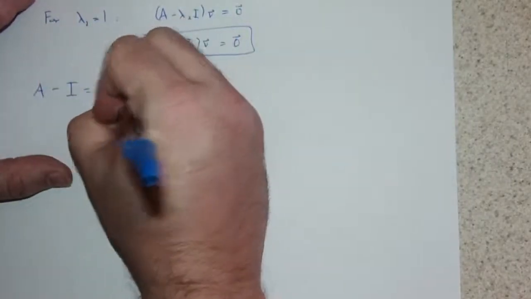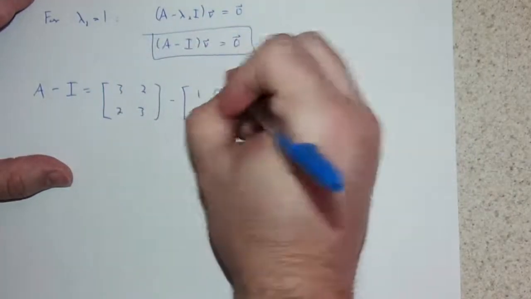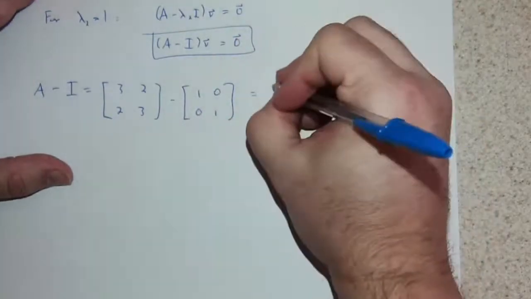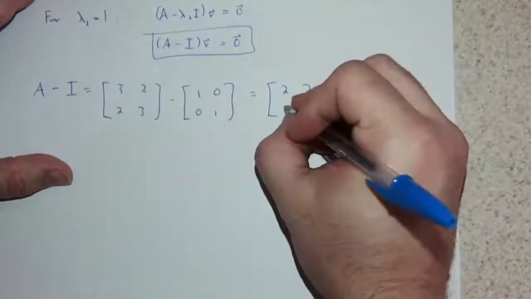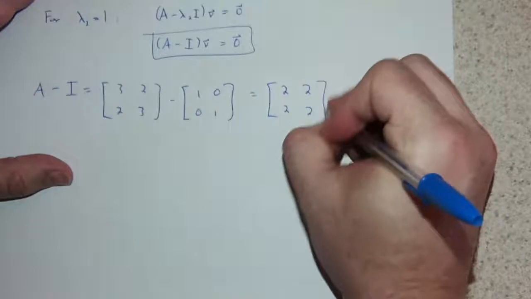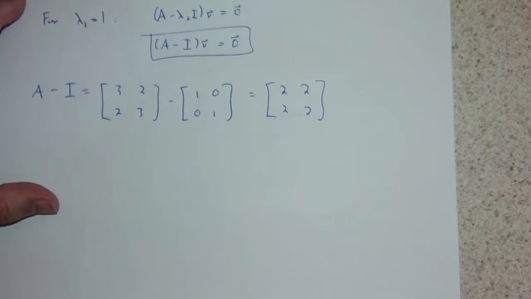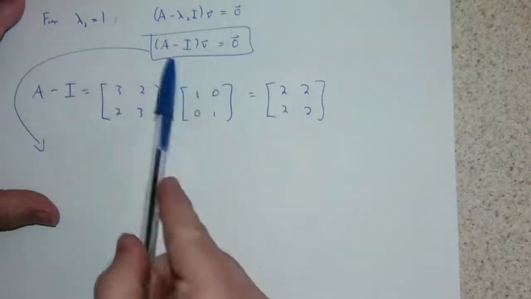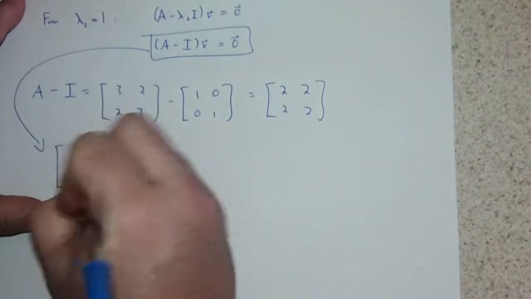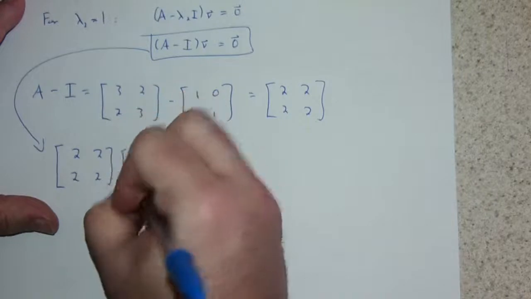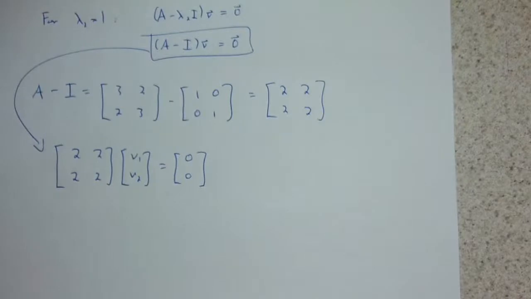Well, this is the matrix 3, 2, 2, 3 minus I, which is 1, 0, 0, 1, which is 3 minus 1, which is 2, 2 minus 0, which is 2, 2 minus 0, which is 2, and 3 minus 1, which is 2. Okay. So then this equation, A minus I v is equal to 0, is really the equation 2, 2, 2, 2 times v1, v2 is equal to 0, 0.